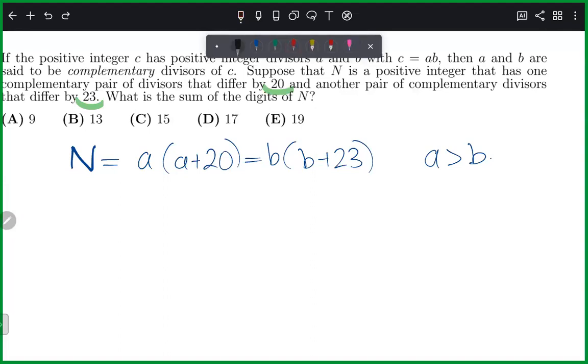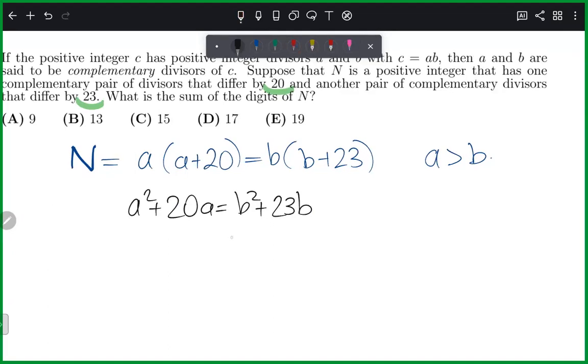Next, let's expand this. So we have a squared plus 20a equals b squared plus 23b. Let's move b squared plus 20b to the left to get the left-hand side equals a squared minus b squared plus 20a minus 20b, equals 3b.